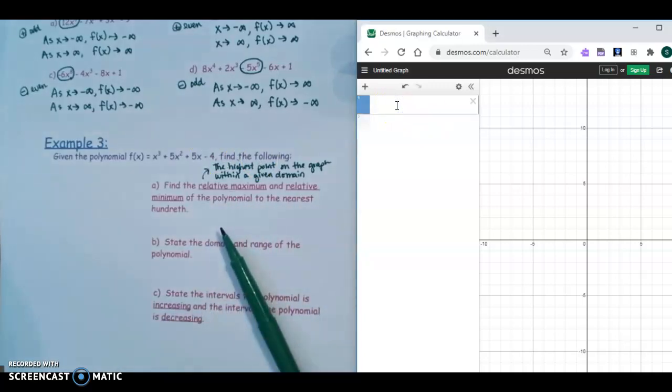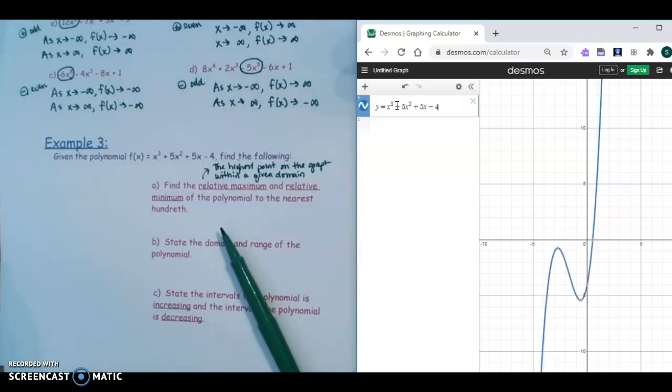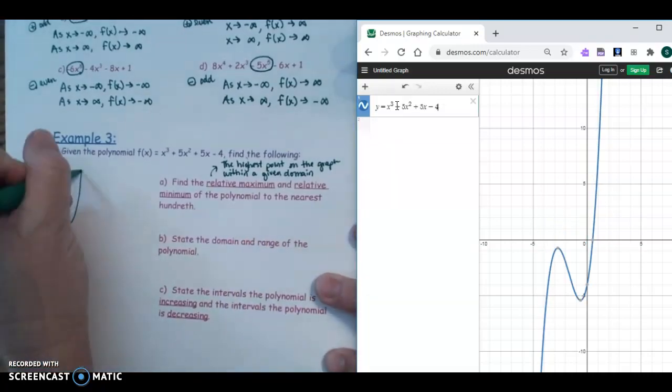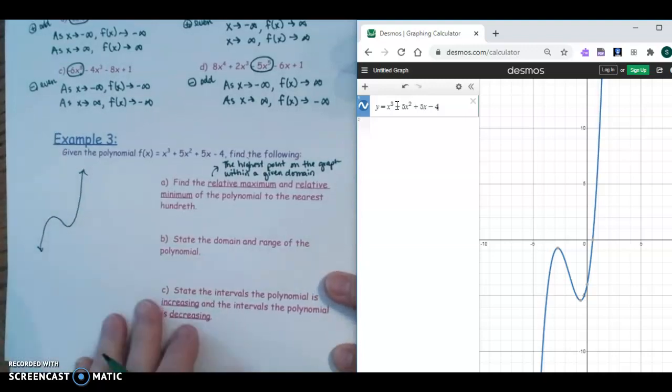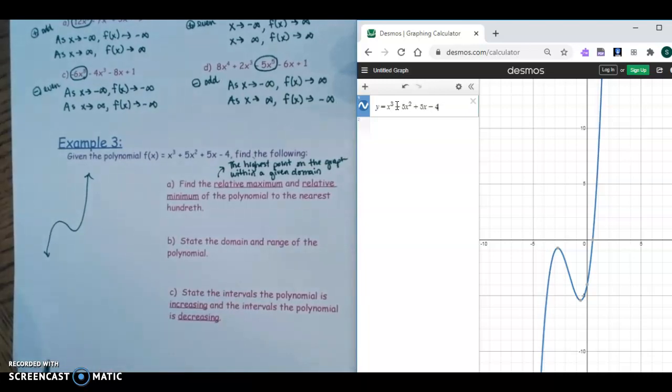So the first thing we want to do is graph this function. So I'm just going to go over to Desmos here, put our function in real quick. And then I'm going to do a little sketch of the graph on my paper, just so we can give ourselves some notes of what we're looking for.